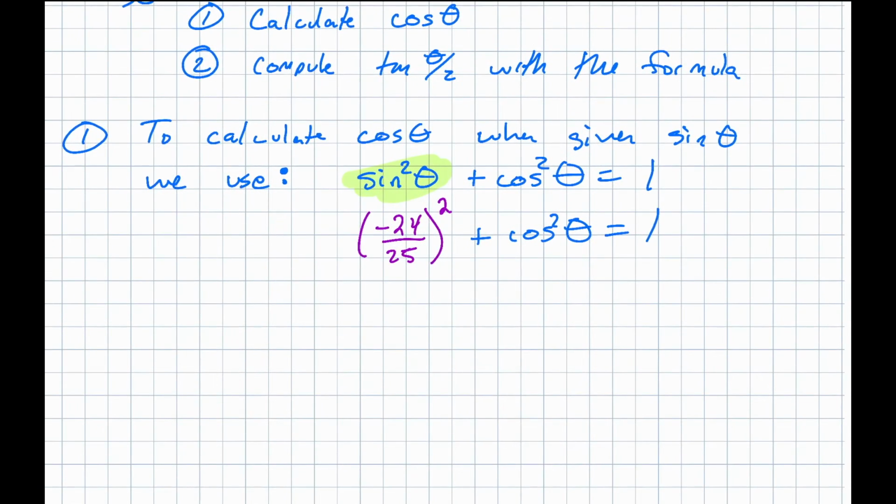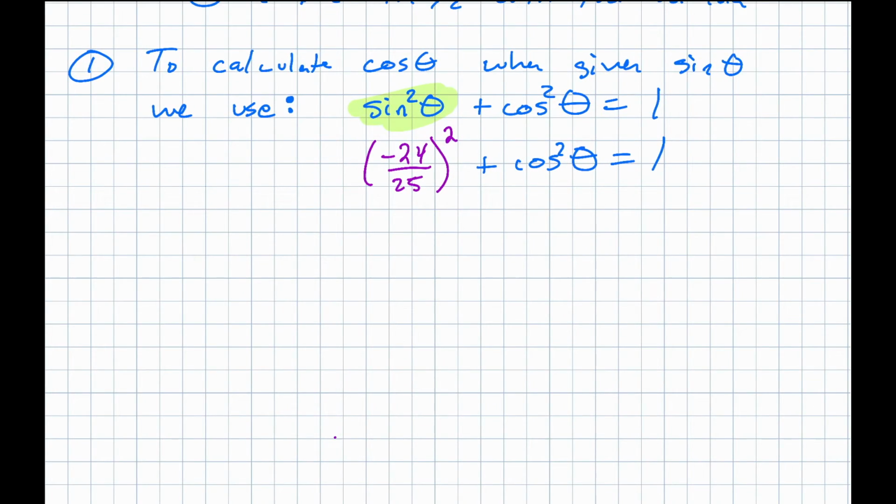Negative 24 over 25 squared, you actually work out. I grab a calculator and do 24 over 25 squared. This needs to be exact, no decimals. So 576 over 625.